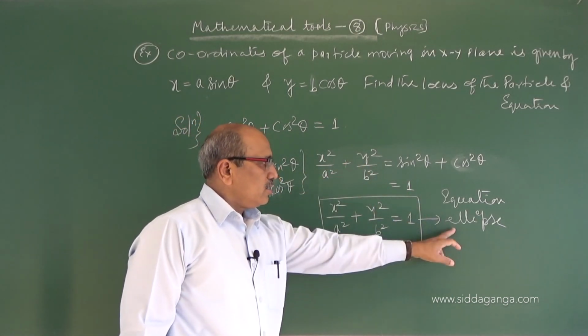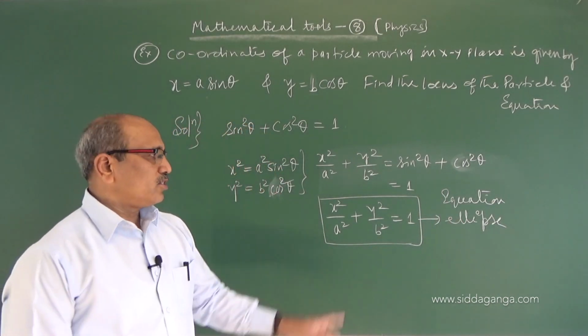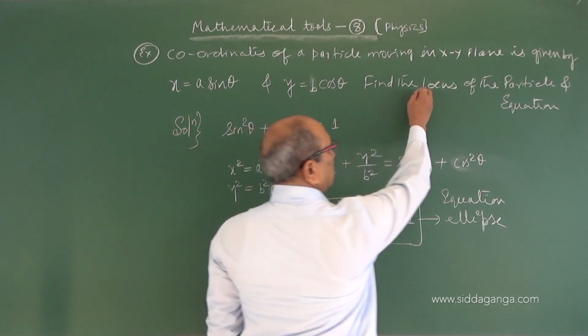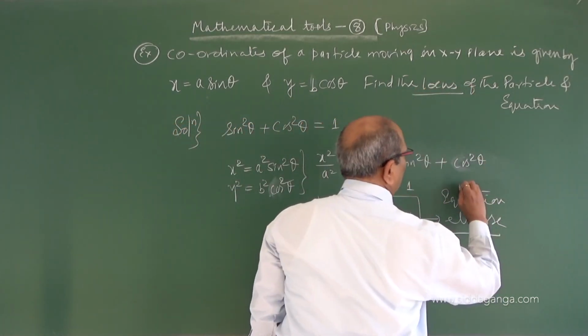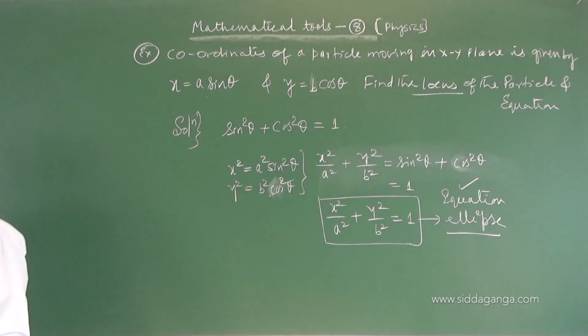This equation is the equation of an ellipse, and the corresponding equation we also got. The shape of the locus is this, and the equation is this. Let us see the other, note it down.